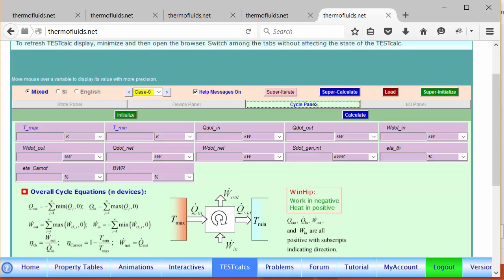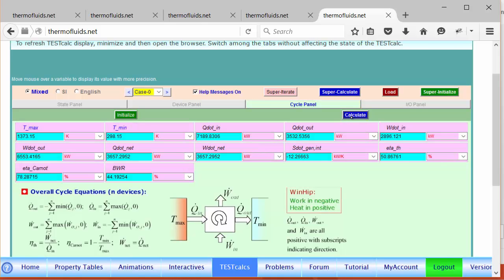We go to the cycle panel and just say calculate. It gives all the overall stats. Look, the thermal efficiency is 50.8%, back work ratio of 44%, net work 3657. So all our answers are verified.